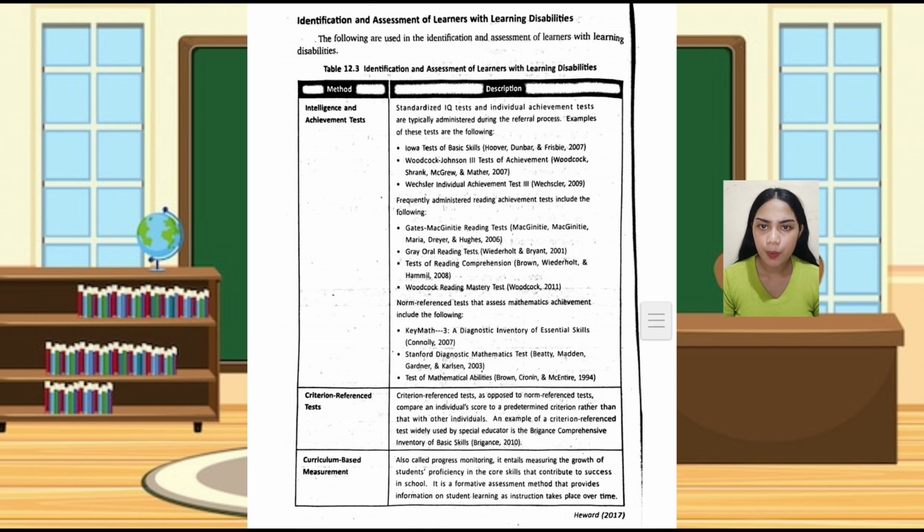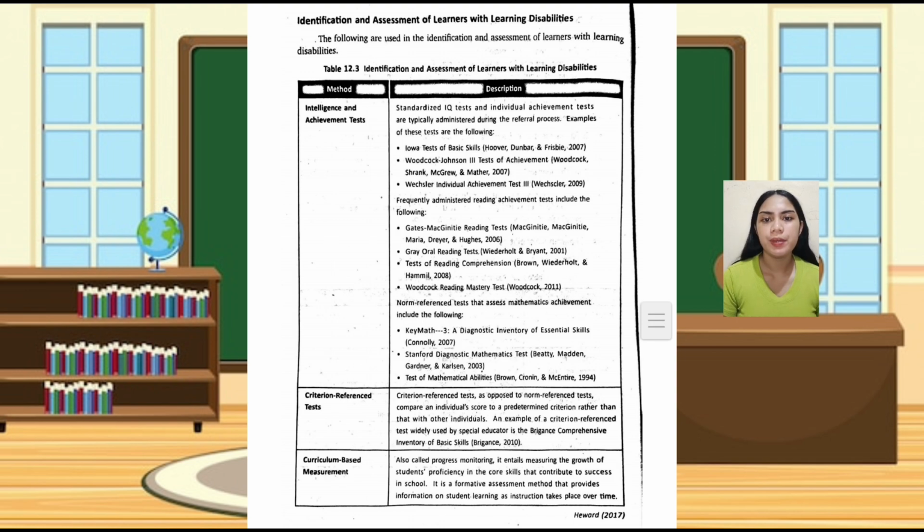These tests compare a student's cognitive abilities and academic performance to that of their peers. A significant gap between intelligence and achievement may indicate a learning disability. The purpose of this test is to identify discrepancies between a student's potential or intelligence and actual performance.